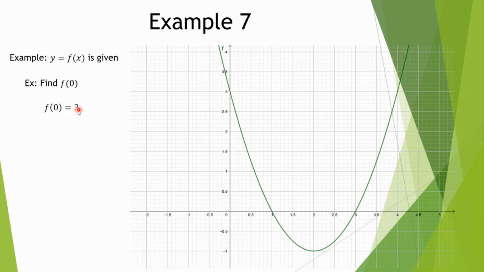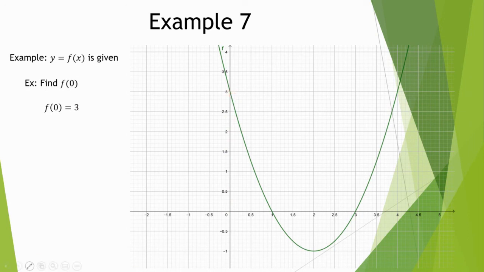So again, f of 0 is 3. We locate 0 on the x-axis, move vertically, in this case up, to the graph, and we're at 3. So f of 0 must be 3, which means (0, 3) is on this graph.